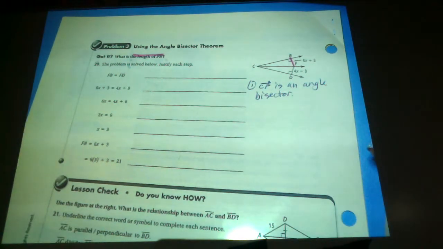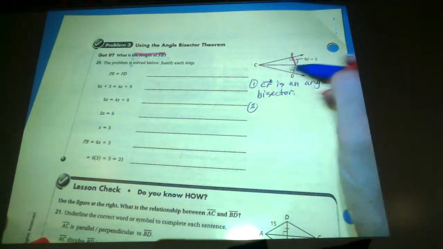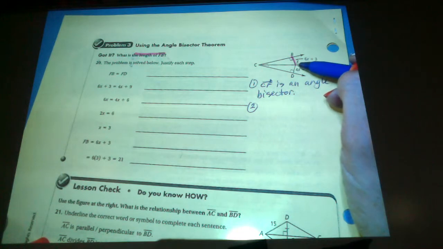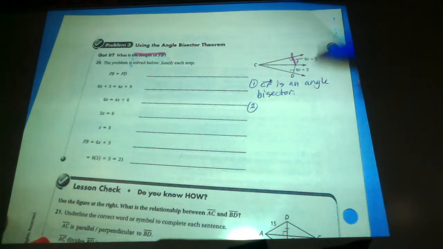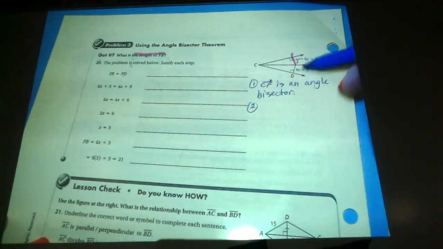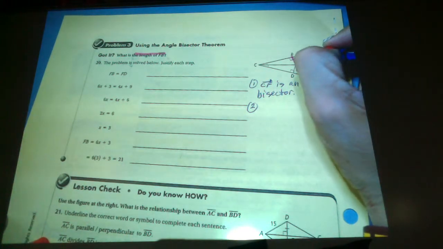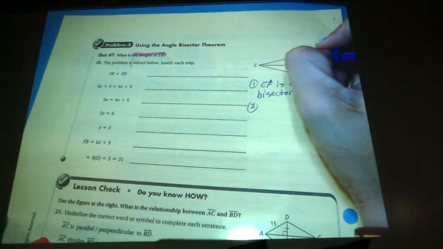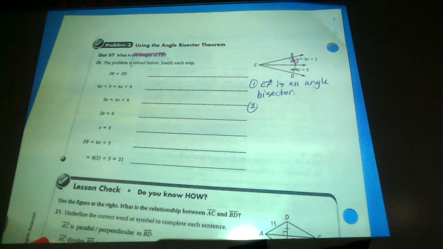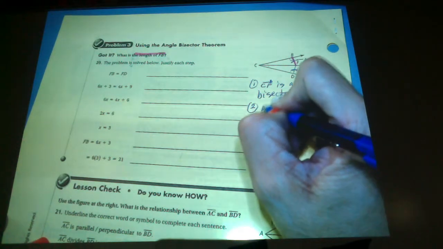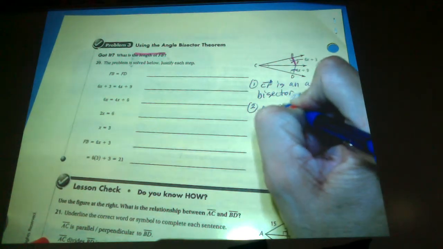So the minute that I realize that CF is an angle bisector, then any point on that bisector is equal distance to the sides of that angle. And since these are distance markers, these are perpendicular, and they're coming from the same point, I can conclude that BF and FD are congruent. So the distance from B to F is congruent to the distance from F to D.